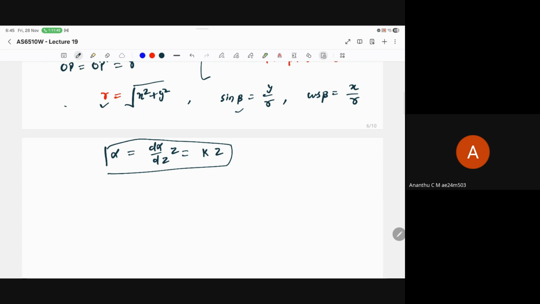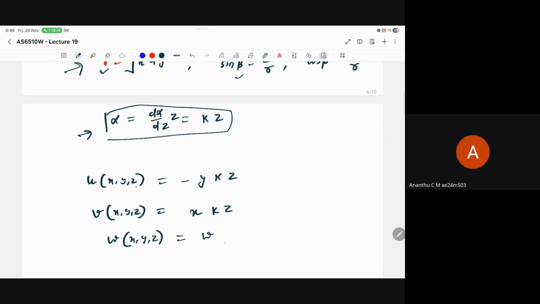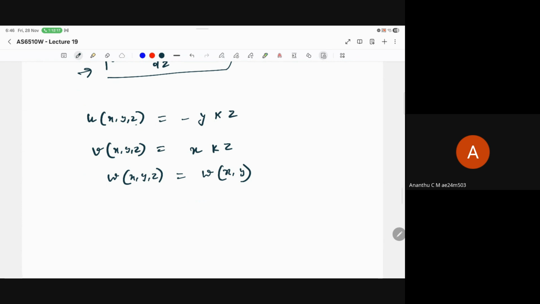Putting all of these entries in, we get the displacement u of x, y, z equal to minus y k z, v of x, y, z equal to x k z, and w is w of x comma y. Okay, so we'll have to eliminate this part, and we'll see later how to do it.